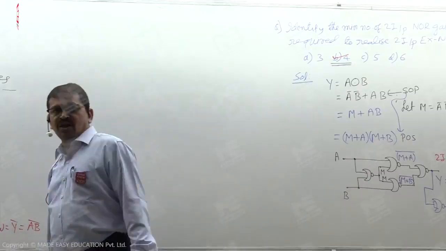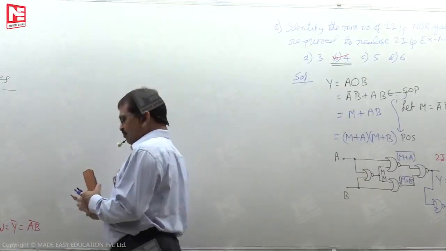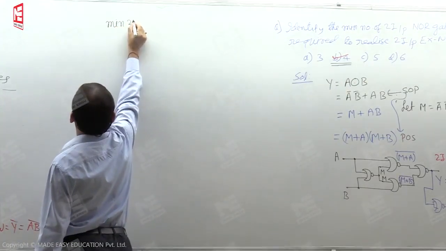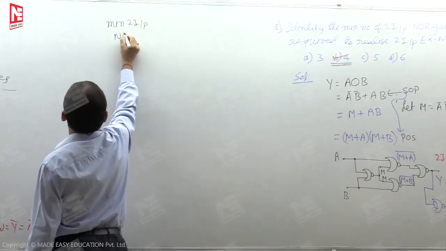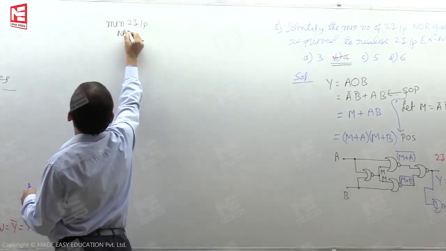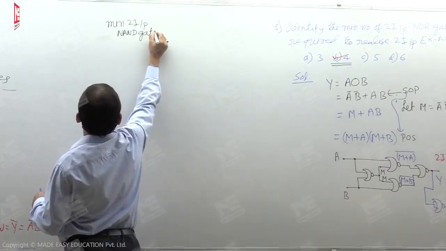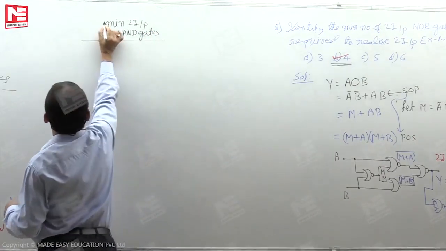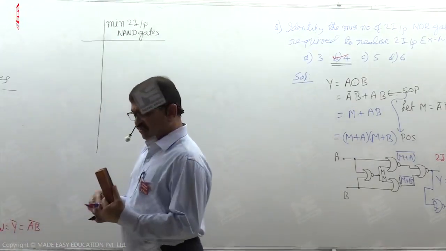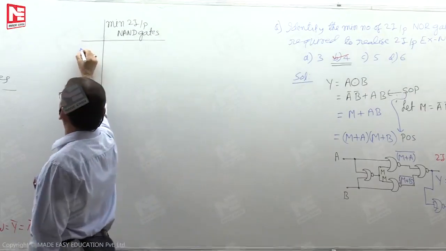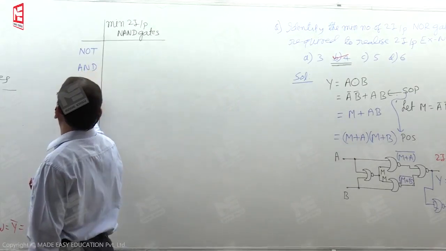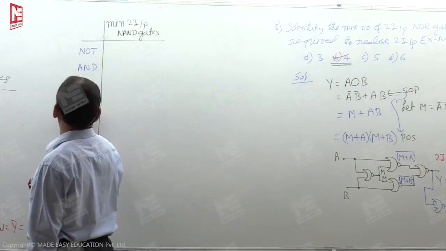Now, what are the things we discussed till now? Let us consolidate. With the minimum number of 2 input NAND gates, they are trying to implement all these logic gates.